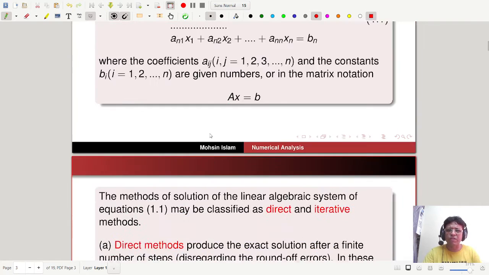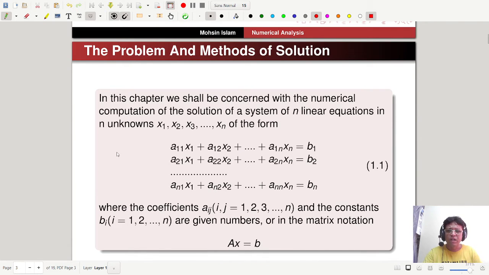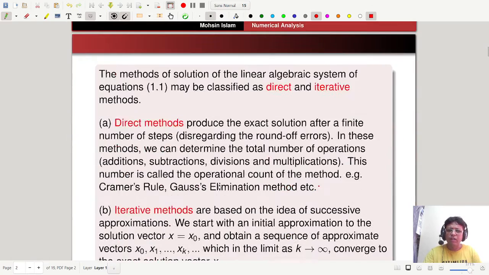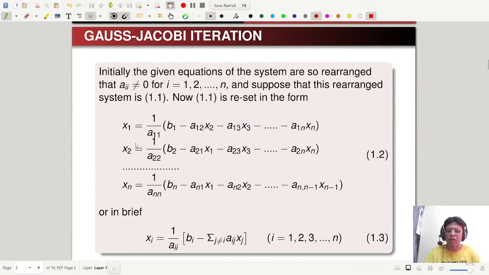Look at the previous equation, this is your system, and suppose that a11 is not equal to 0. Then you can write x1 equal to: you take the rest of the terms, transposing to the right, so b1 minus a12 x2 minus the other terms, and divide by a11, because a11 is not equal to 0. That gives you an equation of this type.